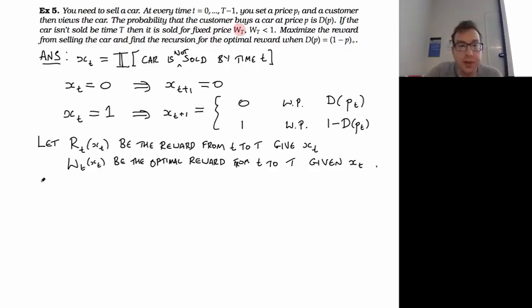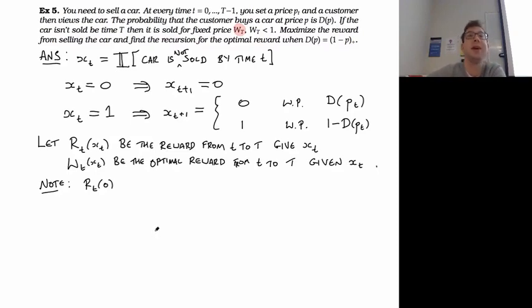So one thing to note is that R_t(0), so given I've sold the car by time t, the reward I'm going to get in the future is going to be 0 because I've sold the car.